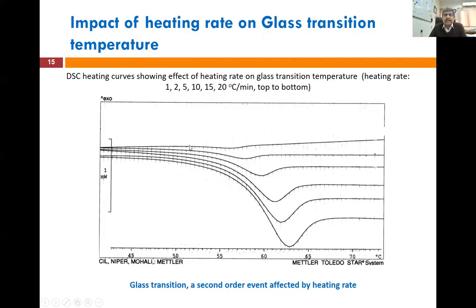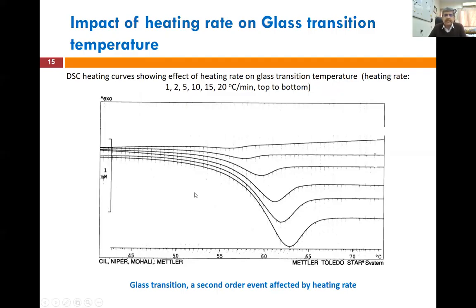As you can see, as you are increasing the heating rate, the glass transition temperature that is recorded by the DSC also changes. This means that while doing experiments related to glass transition temperature, all the experiments must be carried out at the same heating rate, because otherwise the values of the glass transition temperature are going to be different with different heating rates.